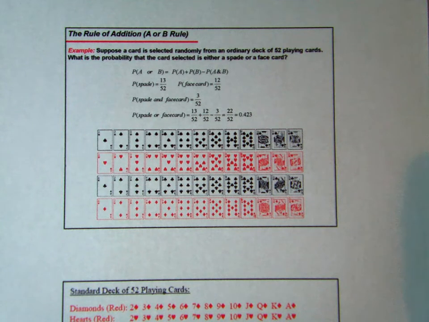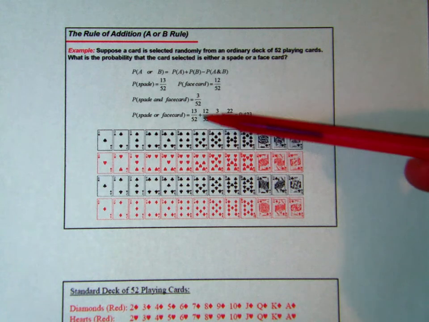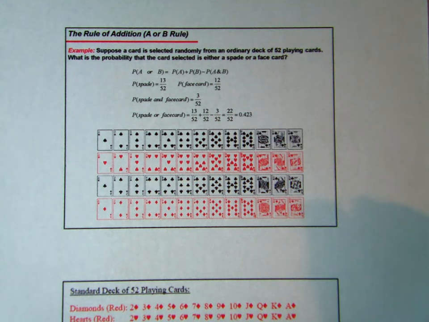So, 13 plus 12 is 25. If they were mutually exclusive, then your final answer would be 25 out of 52. But if they share something in common, then you have to subtract off the AND category, or the both. So, there are 3 cards that are both spades and face cards at the same time. The Jack, Queen, King of spades fit both categories.